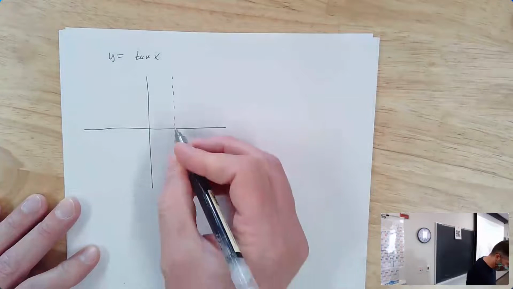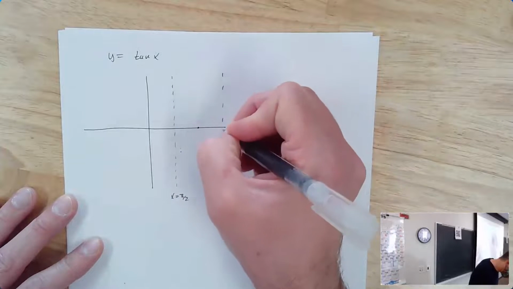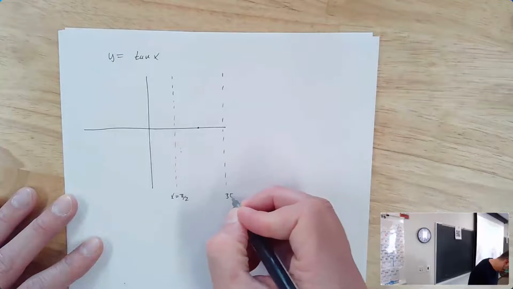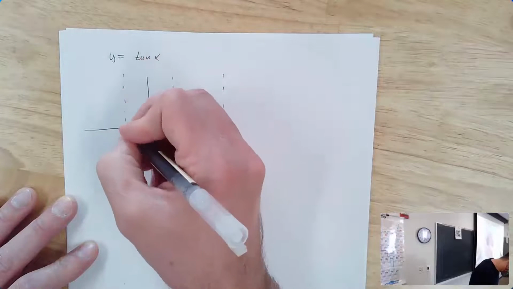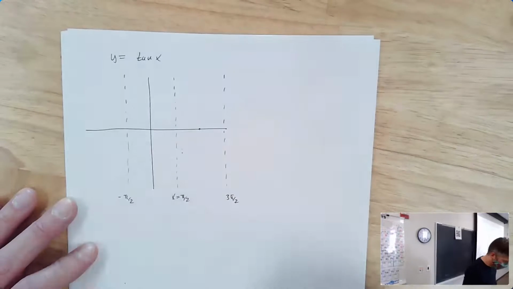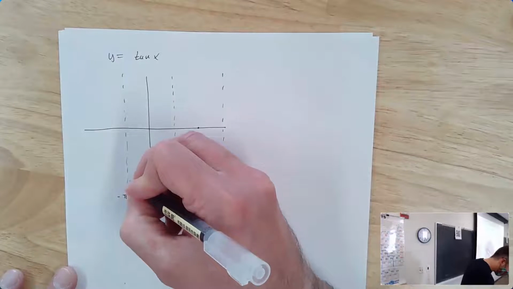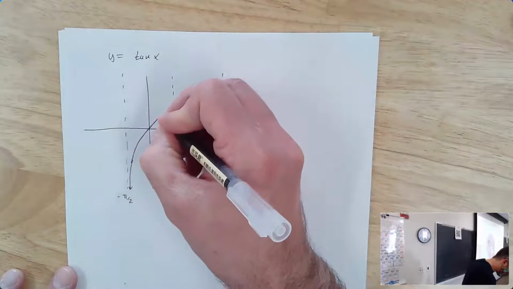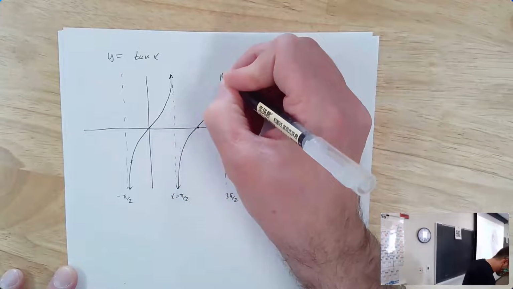And then if we add pi to that, we're going to get a vertical asymptote at 3pi/2. And if we subtract pi, we're going to get a vertical asymptote at -pi/2. If we subtract another pi, then we're going to get another. And here's what tangent looks like. And it just keeps going.